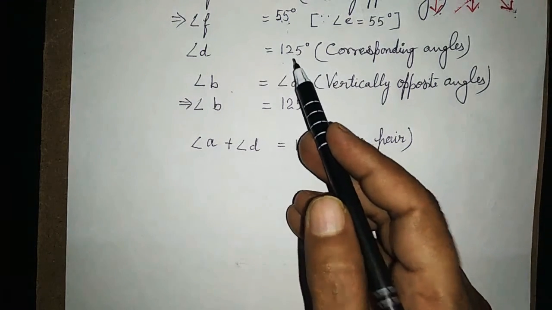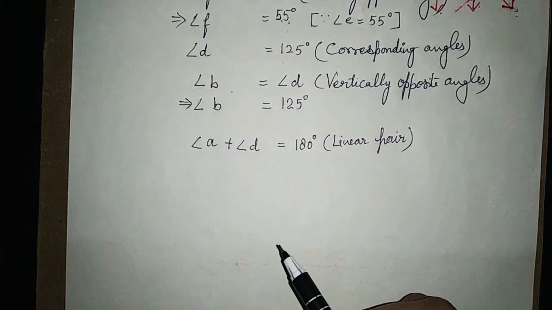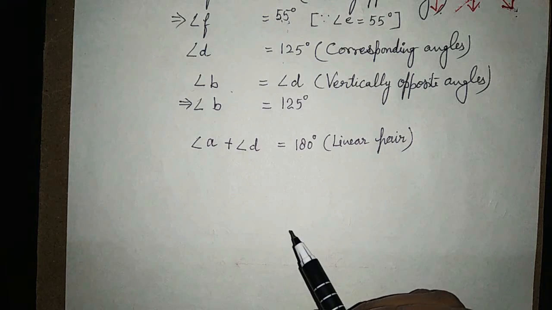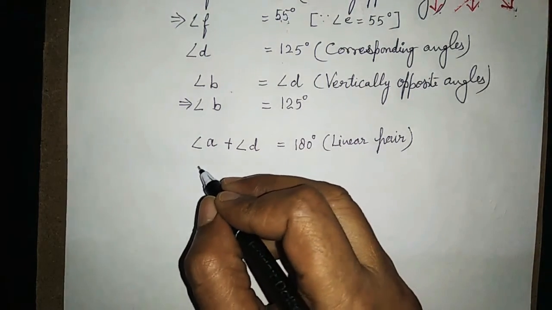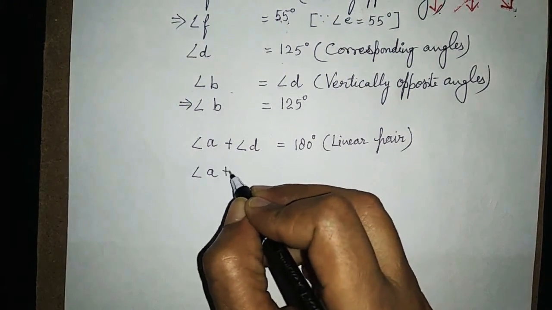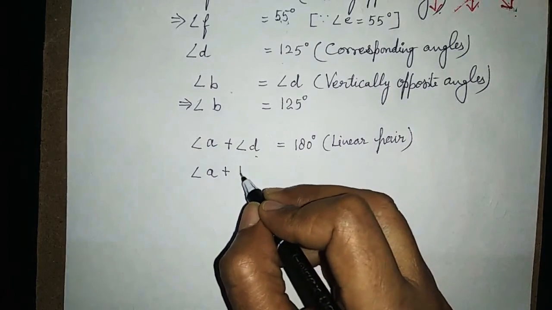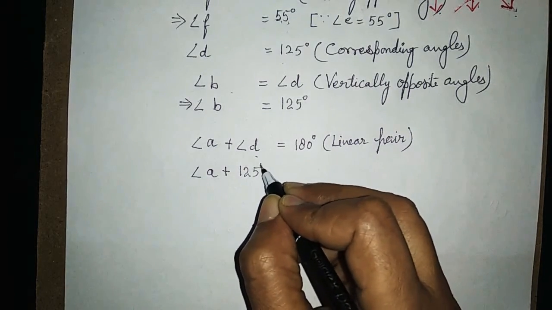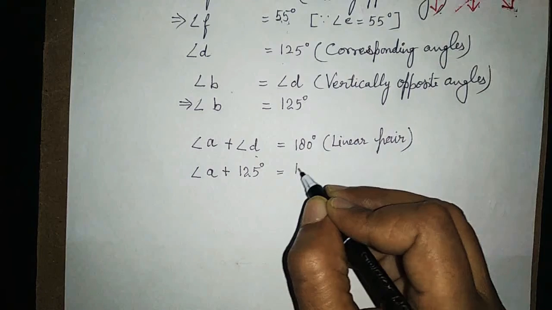We have just calculated the measure of angle D. So here we will put the measure of angle D: 125 degree, 180 degree.